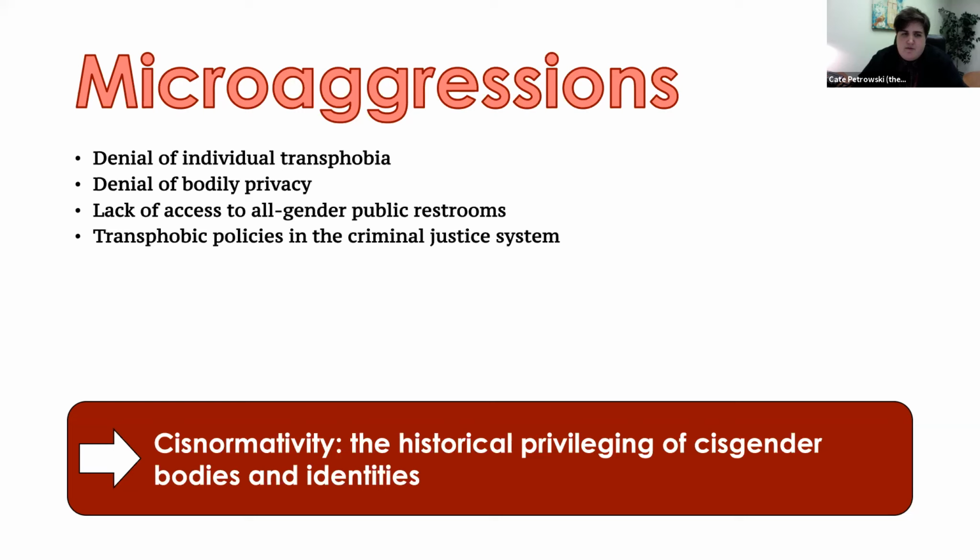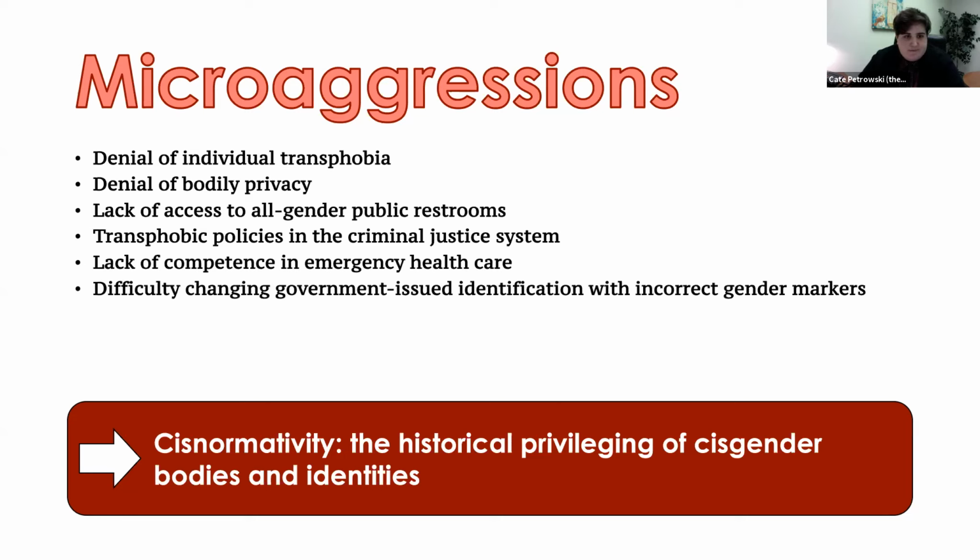There are also lots of transphobic policies in the criminal justice system. For example, a trans woman being sent to a men's prison would be an example of that. Also, if you look at emergency healthcare, folks there might not be properly trained in how to work with trans patients.